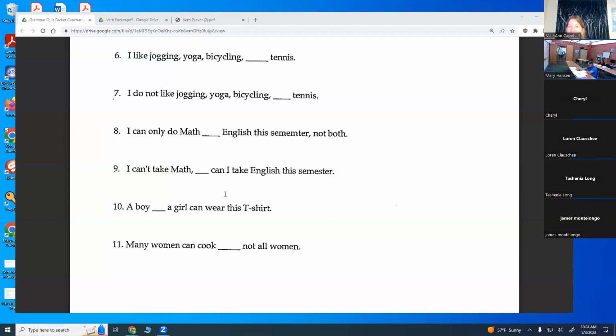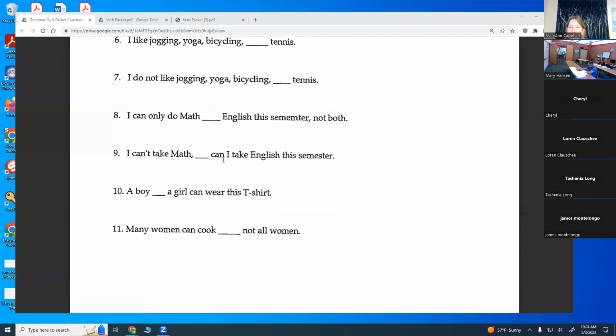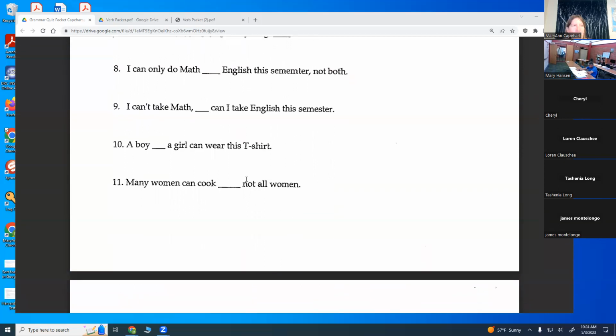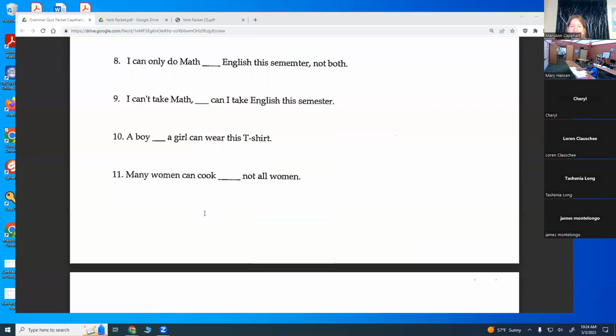Nor. Nor can I take English. It'd be lower. Yeah, that's right. I switched the subject and verb around. It's old fashioned. People don't say that much, do they? I don't think I've used nor once in a while, but very rarely. A boy and a girl can wear this t-shirt. Many women can cook, but not all women.